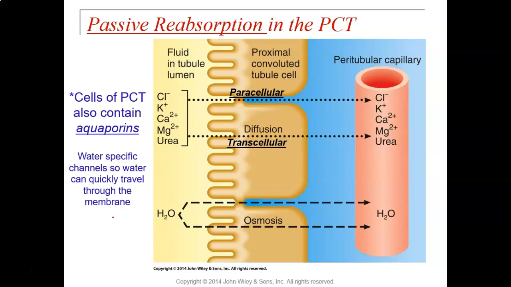It's kind of like those carpool lanes on the highway around certain cities, where if you have multiple people in the car, you can drive in that lane, and if you don't, you're not supposed to. Same thing here: aquaporins are for water, and that's it. I don't care if you're chloride, potassium, calcium, or glucose. They are designed for water, and that's it. That's all done passively, controlled just via diffusion.